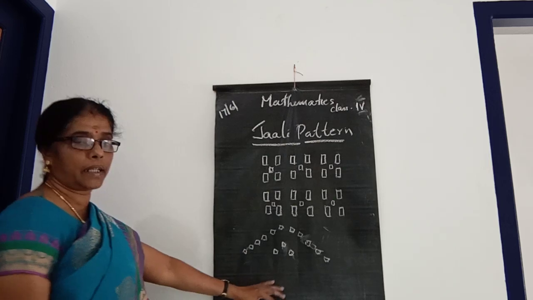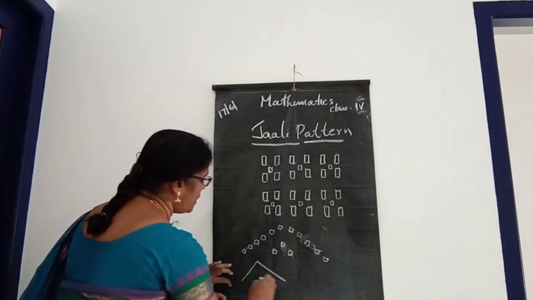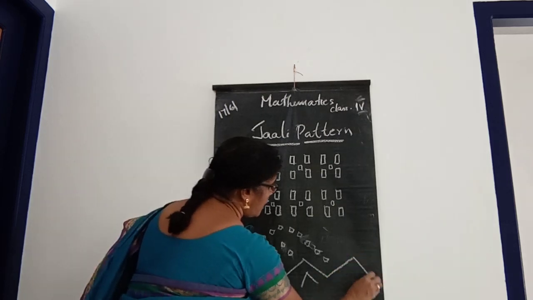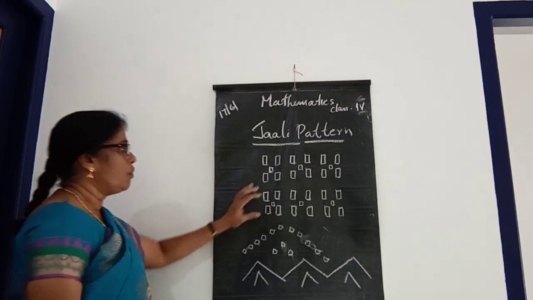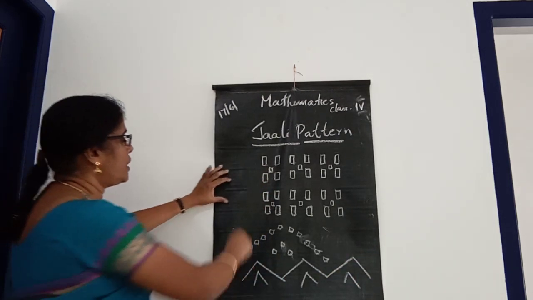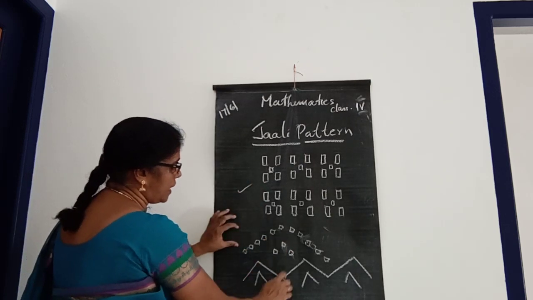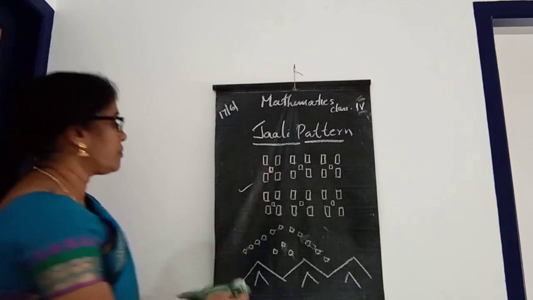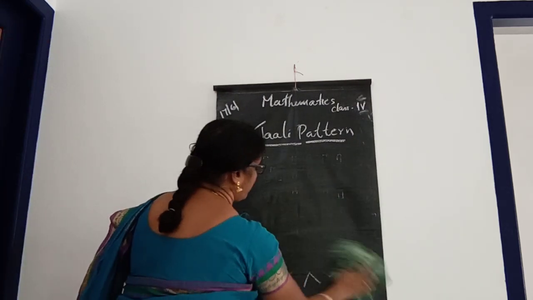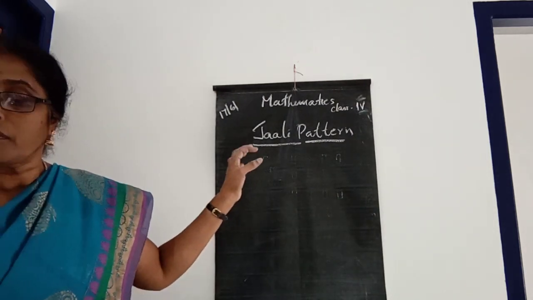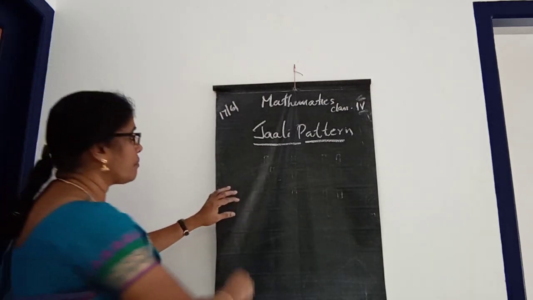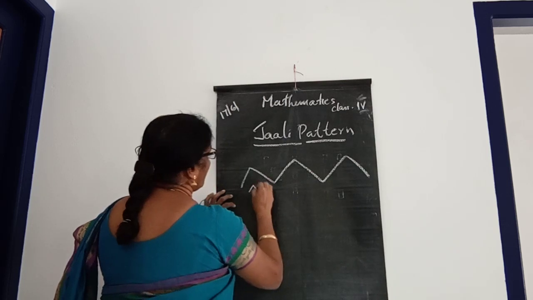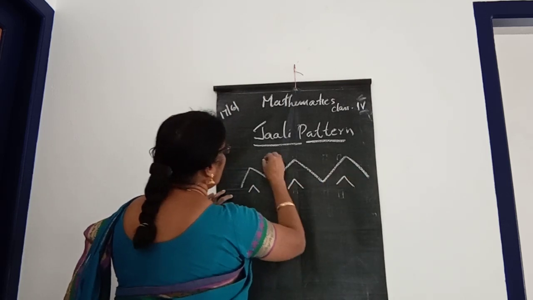This one is one pattern. One pattern means this one is the pattern. This one is the pattern. One is like this, and this one is one pattern. Okay. Then another pattern also. Yes, another pattern is like this, and here also.